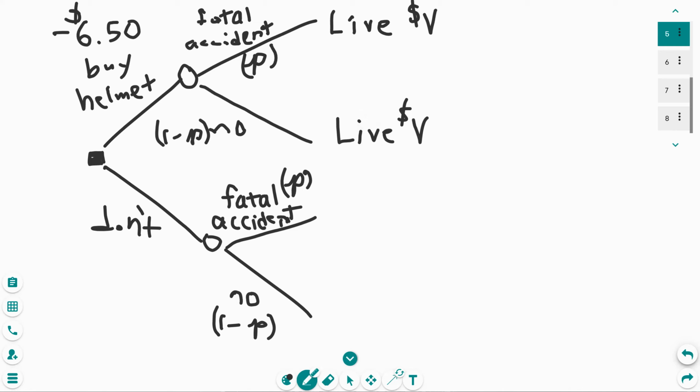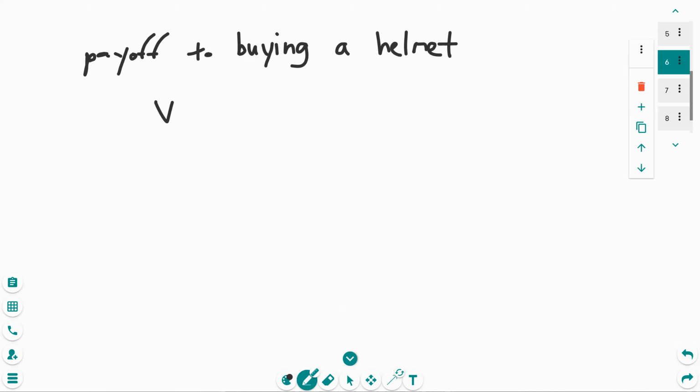If we don't buy the helmet and we do get in a fatal accident, in this case we die, and so our payoff is 0. If we don't get in a fatal accident without the helmet, we in fact live, and so our payoff is V. So from this decision tree, we see that the payoff to buying a helmet is V minus the cost of the helmet.